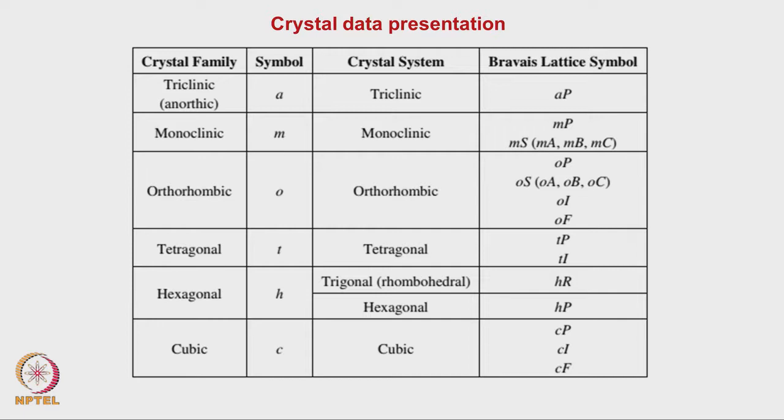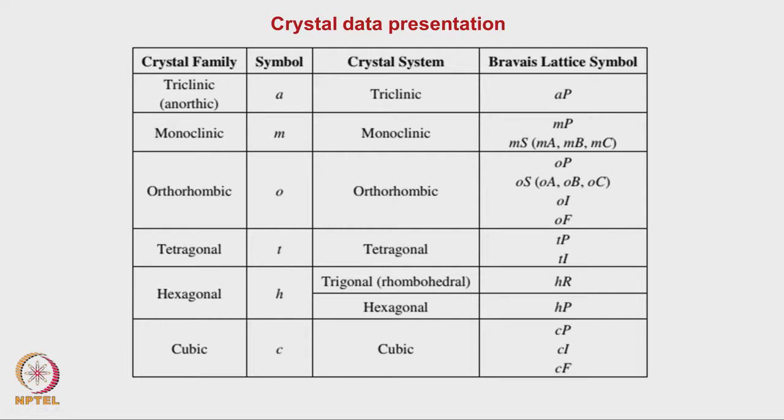Like that we have these symbols. This Bravais lattice symbol just tells what the crystal system is to which it belongs, and whether it is a primitive or a non-primitive lattice.